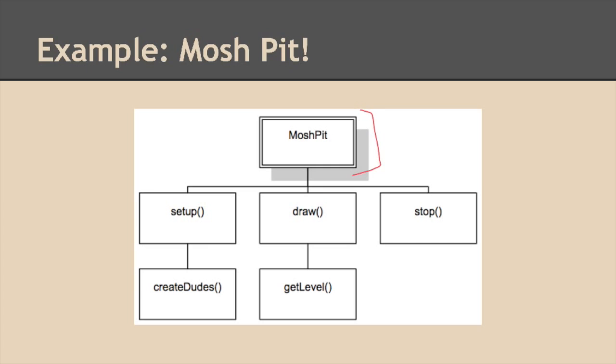It'll have three methods, very similar to what we usually have: setup, draw, and stop to turn off the audio assets at the end. Our setup method will call a create dudes method, which will create our array of partygoers. And then the draw method will call a get level method, and that method will determine the level of the audio so we can adjust the concert goers' mosh pit speed appropriately.